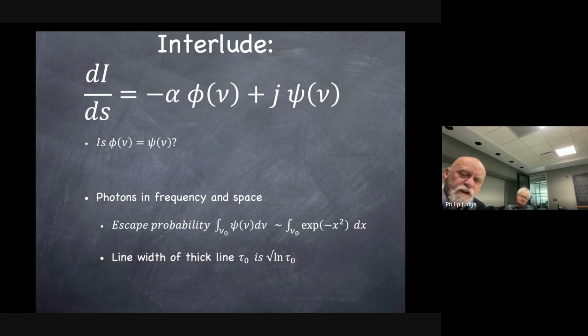Whereas if psi is very different from phi, and indeed this can be the case, then the escape probability doesn't take this into account. That's just the probability of escape. But if we've got many more photons emitted, say, in the wings than in the core, if psi is not equal to phi, because the photons remember what frequency they're at, as they haven't been collided and redistributed at all angles and all frequencies, then we have a different kind of transfer problem.